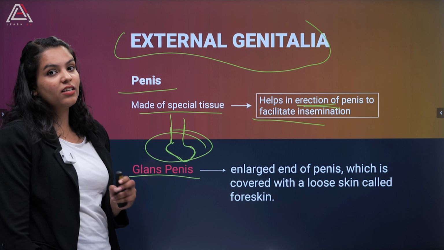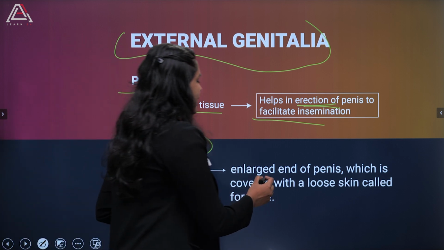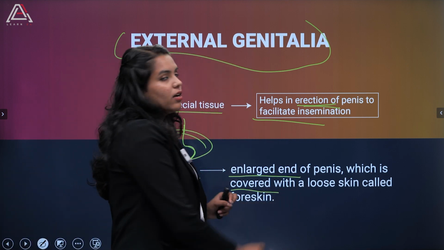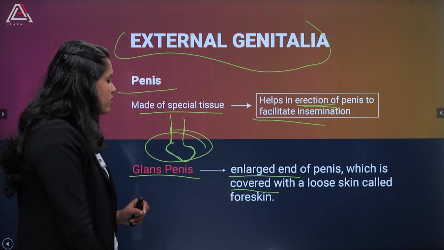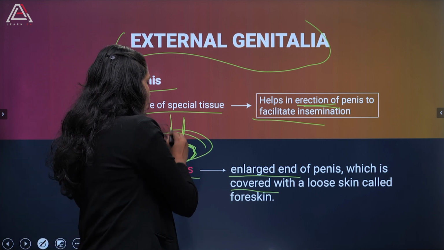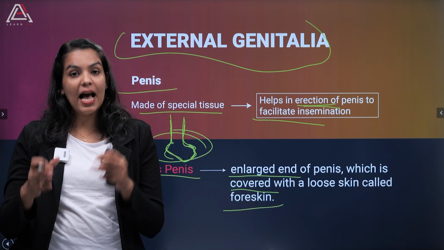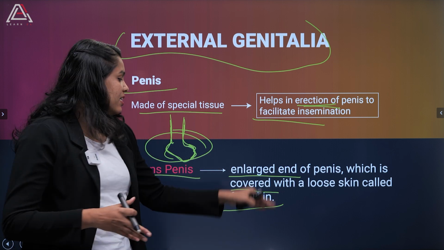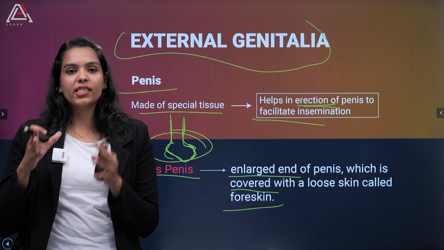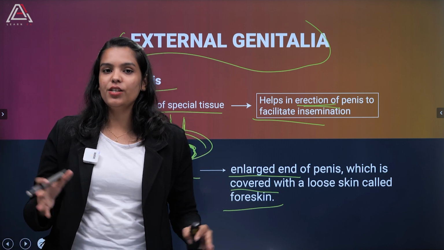The glans penis is the enlarged end of the penis, which is covered with a loose skin called the foreskin. Alright, so we have completed the external genitalia also.